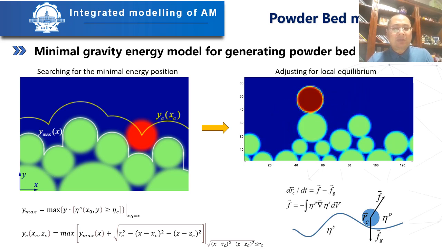This page illustrates the approach, outlining the core concept. Initially, we locate the preliminary position of a new powder that yields the lowest gravity head. Subsequently, we apply another model to fine-tune the powder position by ensuring local force equilibrium.